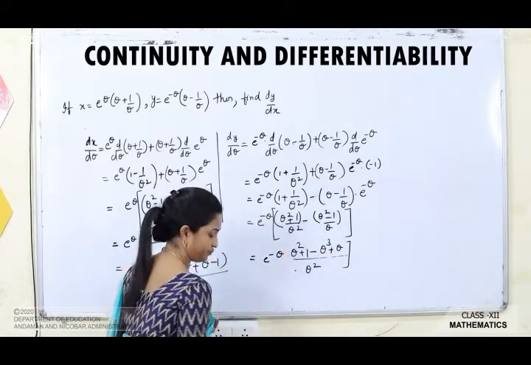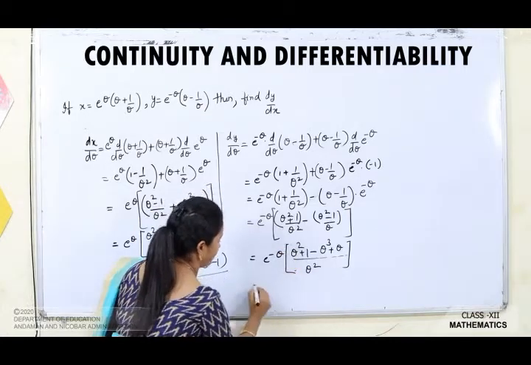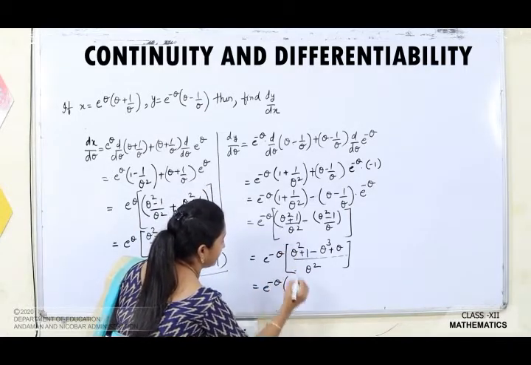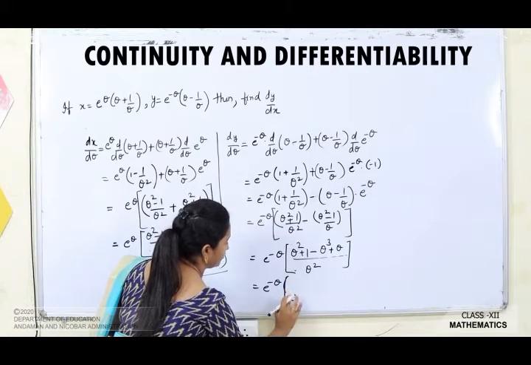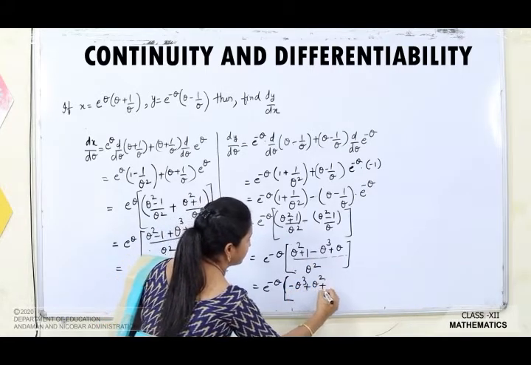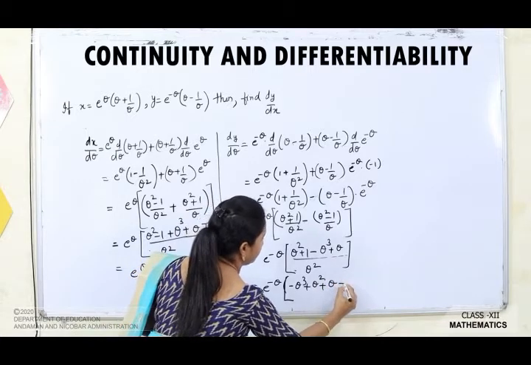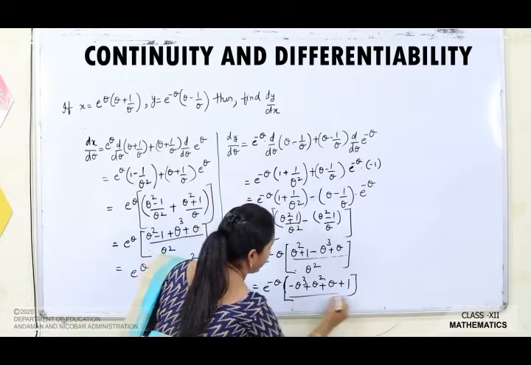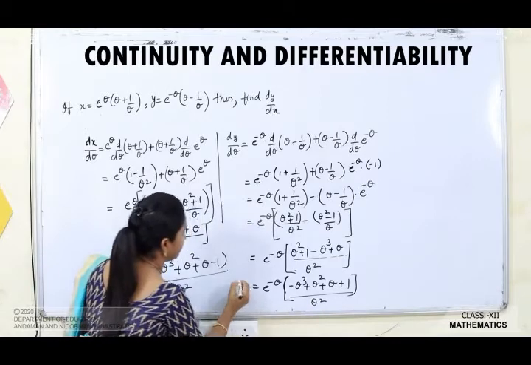So e power minus theta, you will arrange it minus theta cube plus theta square plus theta plus 1 by theta square.